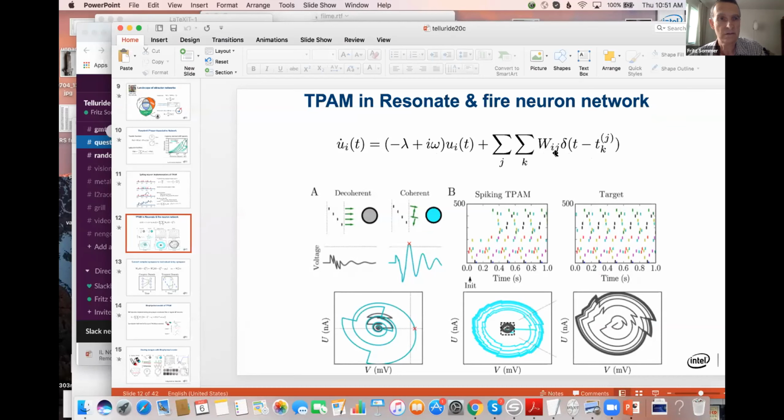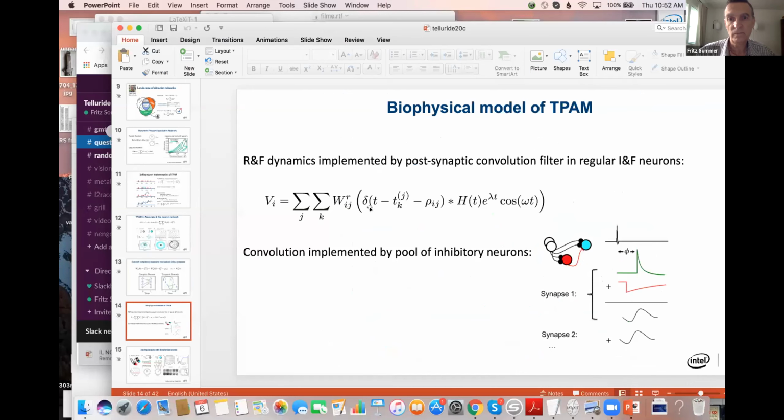Of course, this is not something that we implement. We translate these complex synaptic weights into delay weights. This happens here. And then we end up with an equation which is just one-dimensional and feeds in spikes through a convolutional filter. So these are presynaptic spikes, and the synaptic filter is this one-sided decaying cosine function.